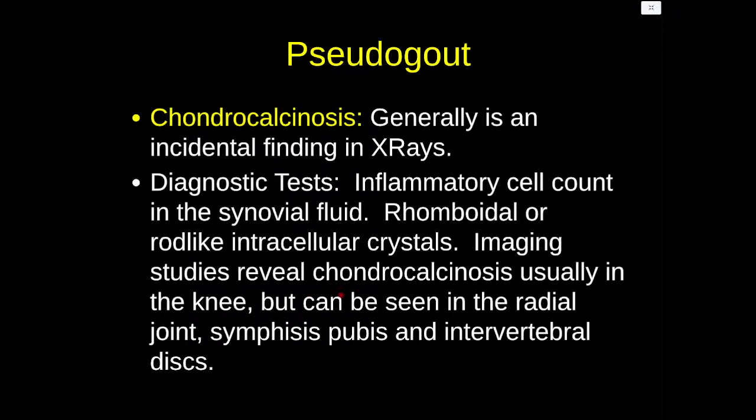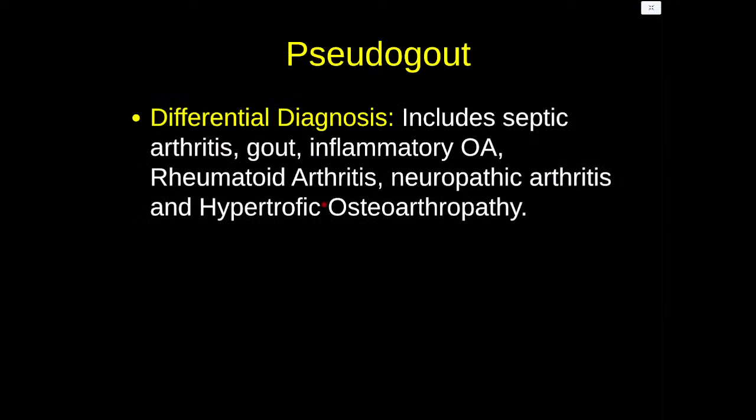Imaging studies reveal chondrocalcinosis usually in the knee, but it can be seen in radial joints, symphysis pubis, and intervertebral discs. Differential diagnosis includes septic arthritis, urate gout, inflammatory osteoarthritis, rheumatoid arthritis, neuropathic arthritis, and hypertrophic osteoarthropathy.